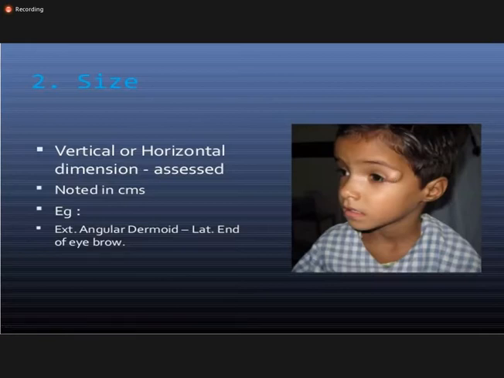So at least we will explain the swelling in 2 dimensions, like 2 by 2 centimeter or 2 by 1.2 centimeter, like that. We will measure with the inch tape, noted in centimeters. Okay. In the lumbar region. It's not the lumbar, we will not say lower thoracic either, it is lower back, not lumbar region, in the midline. This is located in the midline.